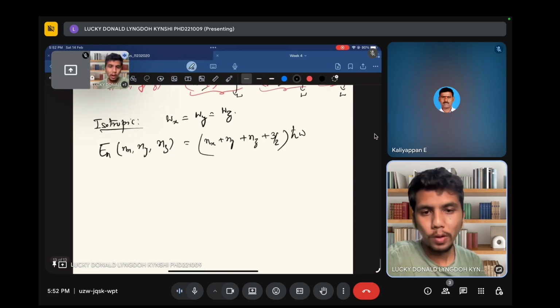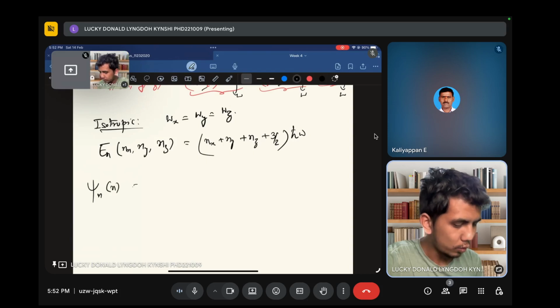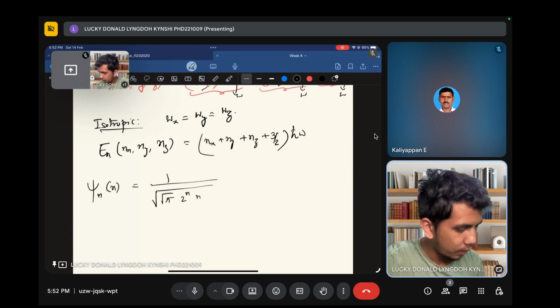Now you also have the wave function, right? The wave function psi n of x is equal to 1 divided by the square root of pi, 2 to the power n, n factorial, x0, times e to the power minus x square by 2 x0 square, times Hn of x by x0.